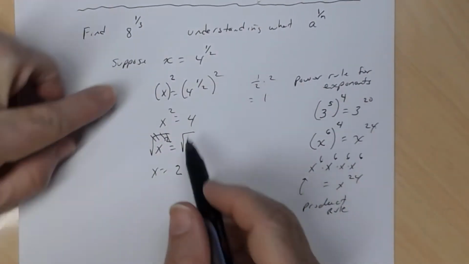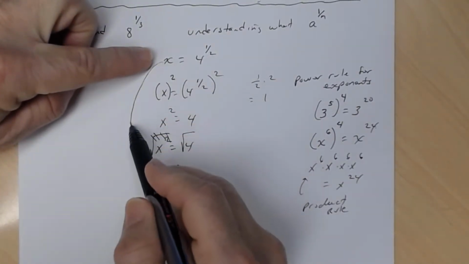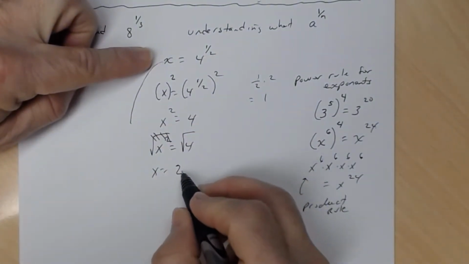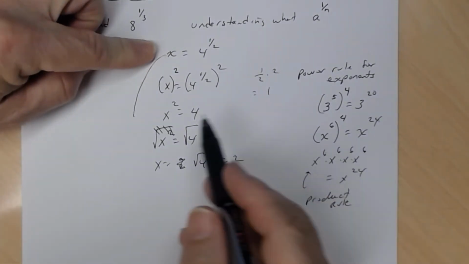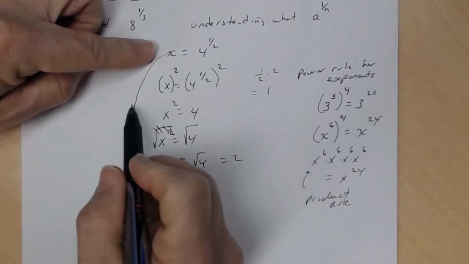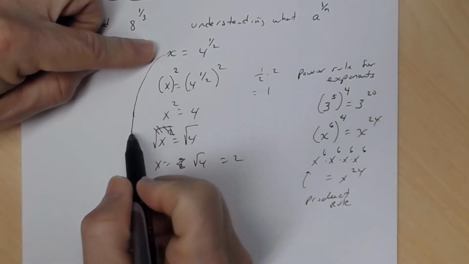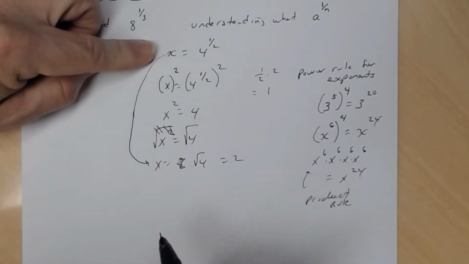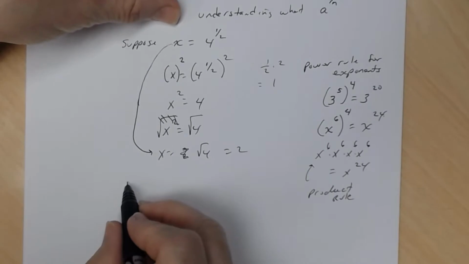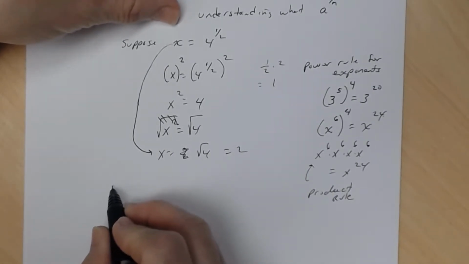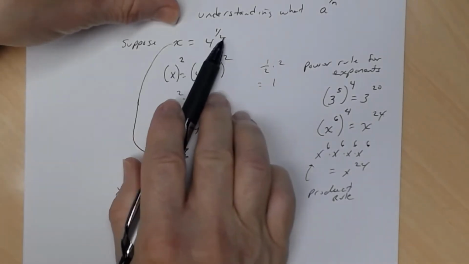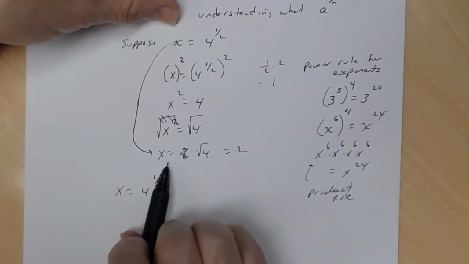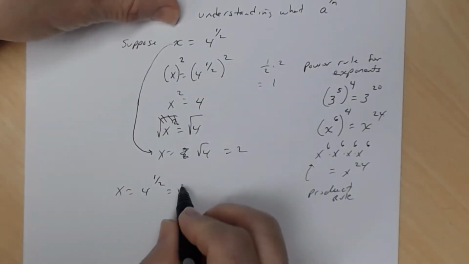So I'm going to compare these two. Let's write it like this first. I'm going to compare this x right here with this x right here. So x equals 4 to the 1/2, but x is also the square root of 4.